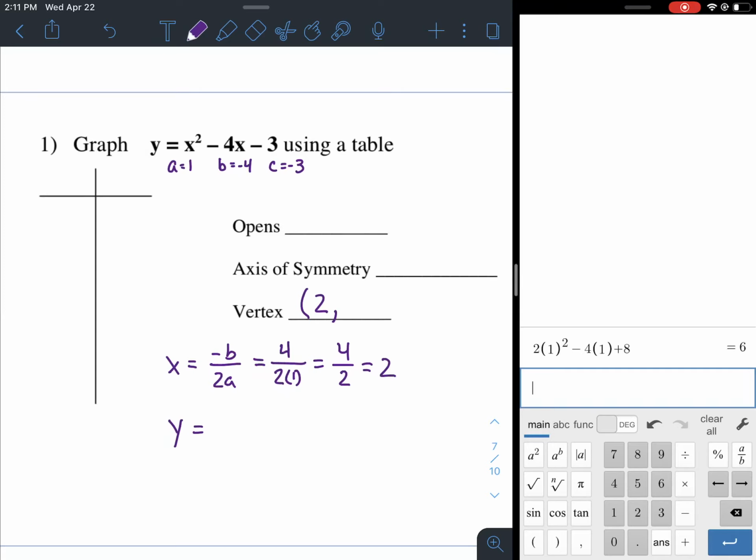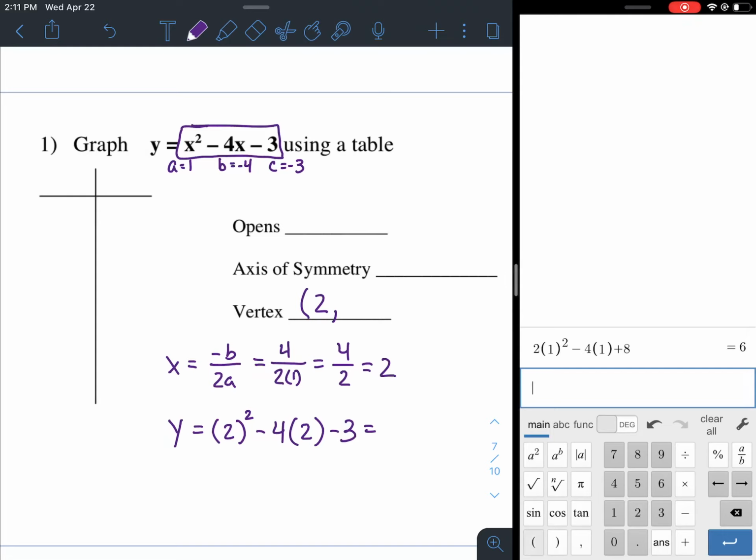We take that 2 and we plug it back into the original equation up here. So instead of saying x squared to start, it's going to be 2 in parentheses squared minus 4 in parentheses 2 minus 3, and we'll see what that equals.